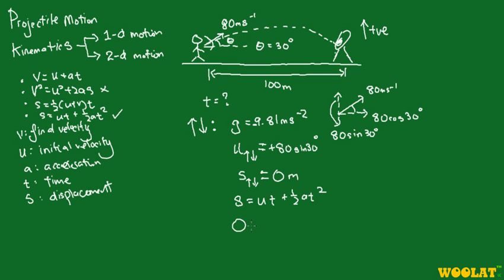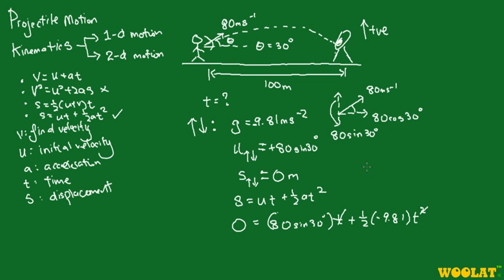Displacement is 0, and it equals the initial vertical velocity, 80 sine 30, multiplied by time, plus half times negative 9.81, this negative sign is very important, times t squared. Luckily, the left side is 0, so it's quite easy because you can cancel out the time. Just divide both sides by the time and rearrange.